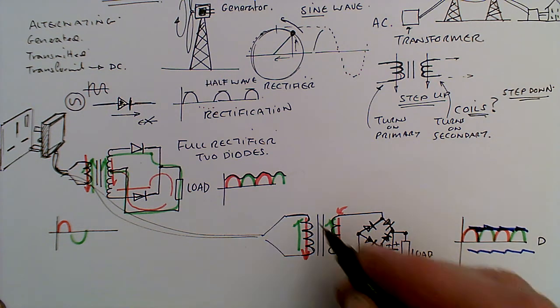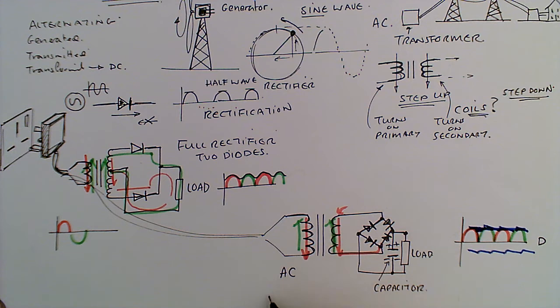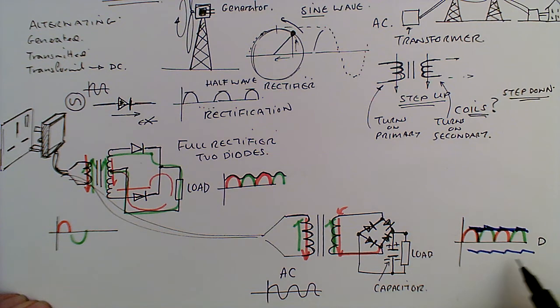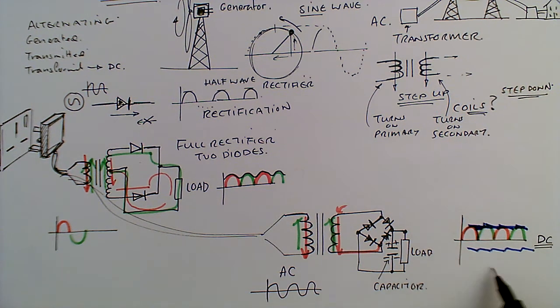Basically, this is how your AC, your alternating current here, has been processed through the 4 diode full bridge rectification with a capacitor to create a smooth, or reasonably smooth, direct current output. And it's that direct current that will power you, 12 volts perhaps, that will power your laptop, or the 5 volts that you would use to charge your mobile.